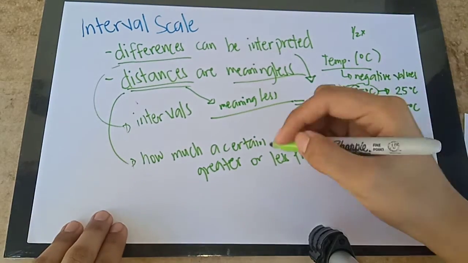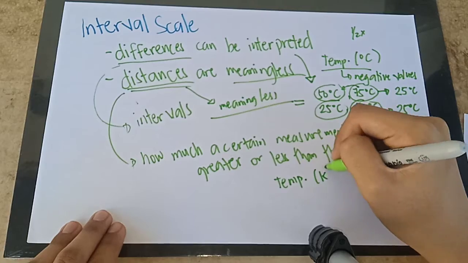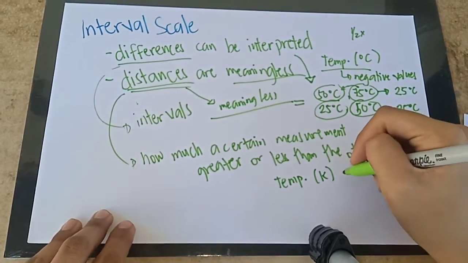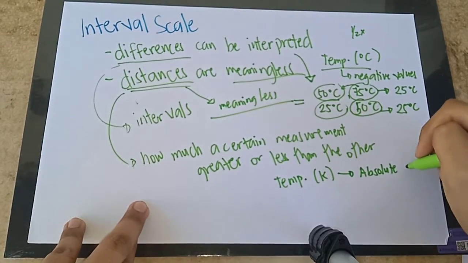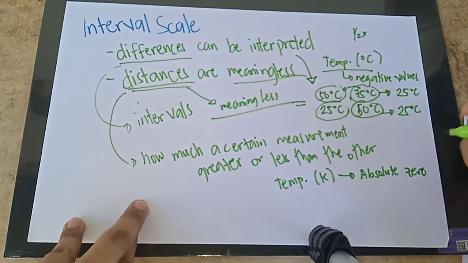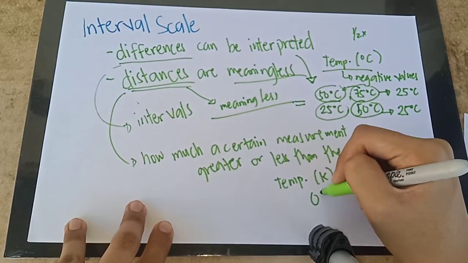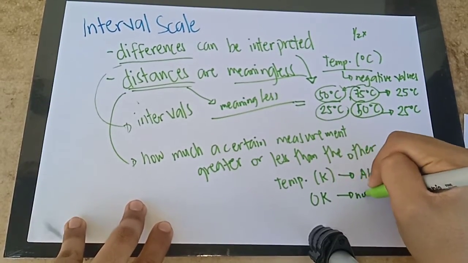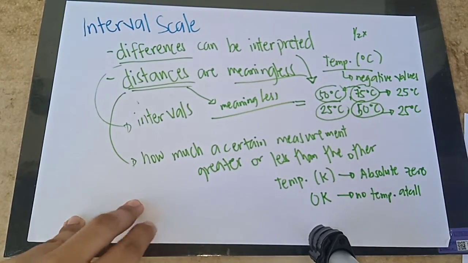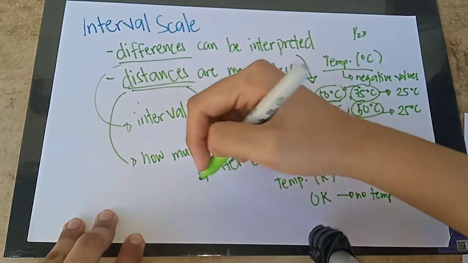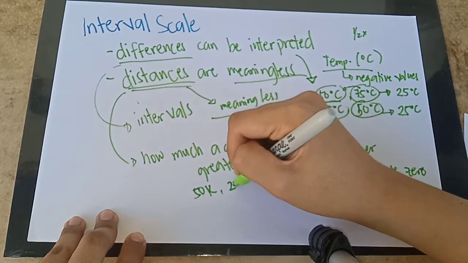Now, let's say we have the temperature measured in Kelvin. Temperature measured in Kelvin uses absolute 0. Meaning to say, 0 is the starting point and 0 indicates an absence of something. So, when we have 0 Kelvin, it means there is no temperature at all. Let's say we have a temperature of 50 Kelvin and 25 Kelvin.